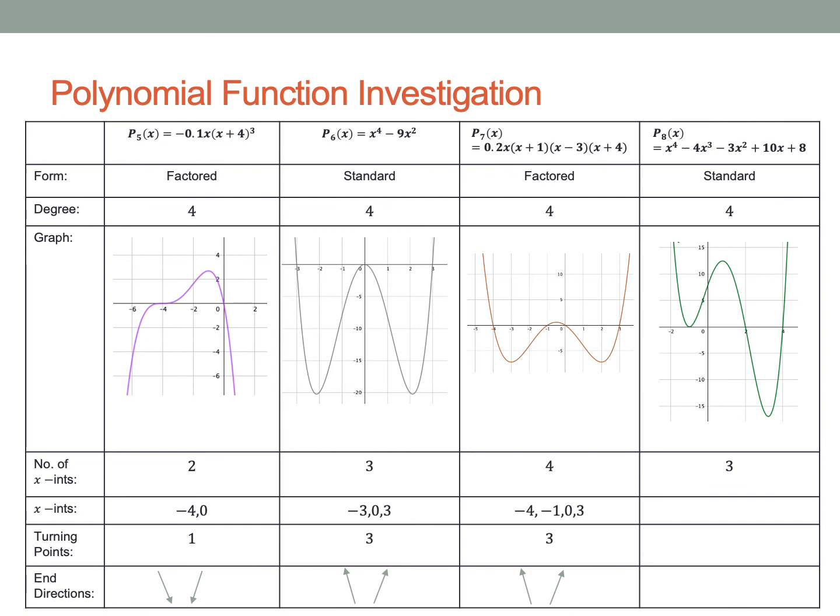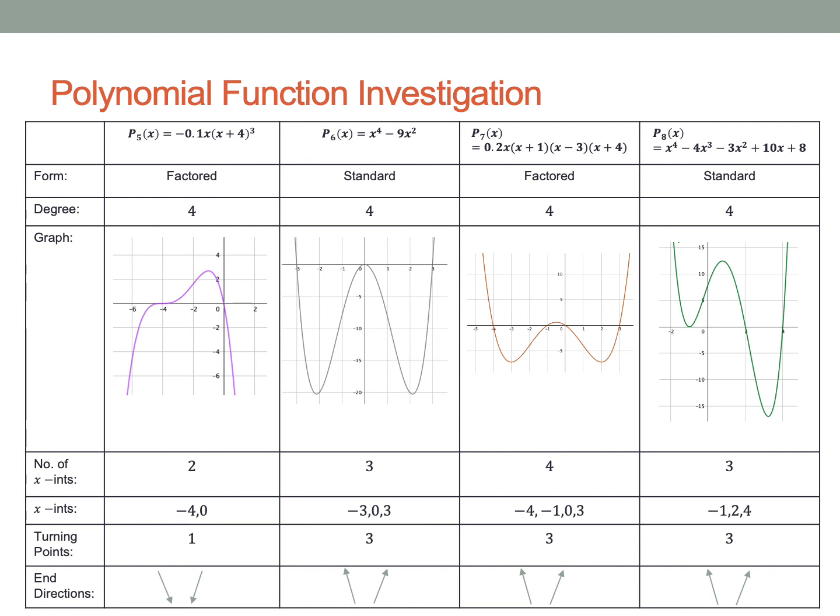That's because if you recall from factored form, x plus 1 is a repeated factor, so it bounces there. So it has the x-intercepts negative 1, 2, and 4. Turning points is 3, and the end behavior is like this.